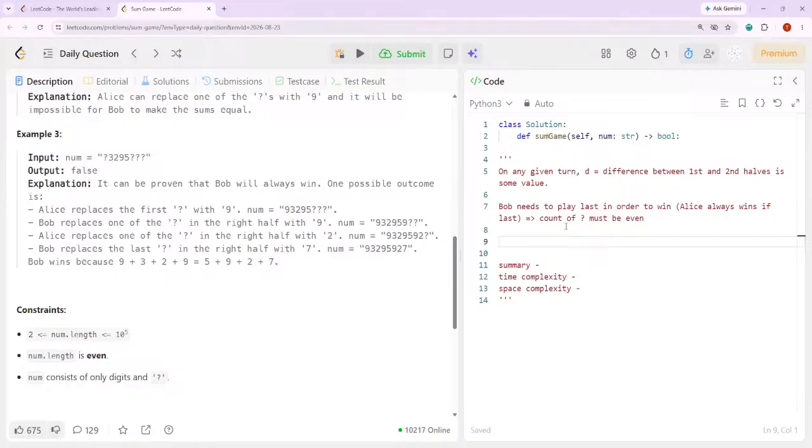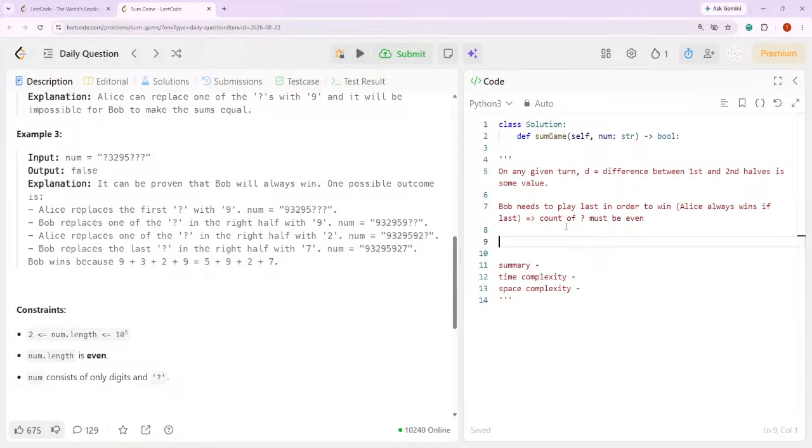I think, if the difference is the actual sum of the first half minus the sum of the second half, then what would happen if the question marks only occur in one half?